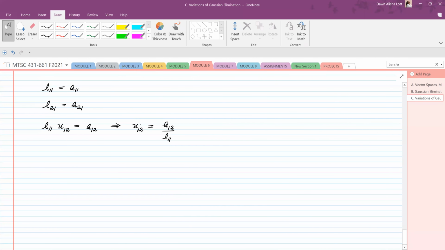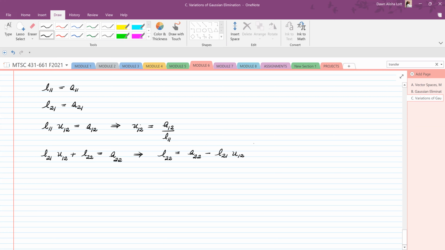Then you get L21 times U12 plus L22, and that is equal to A22. So now that gives you that L22 is simply A22 minus L21, which we know, and U12, which we know.